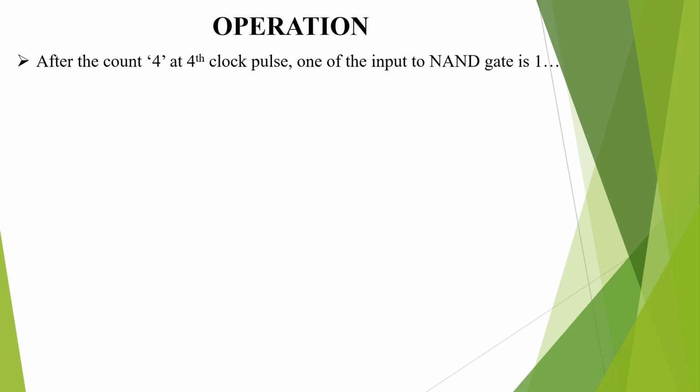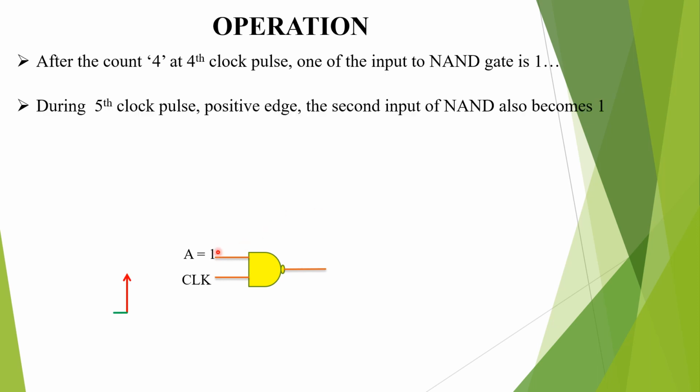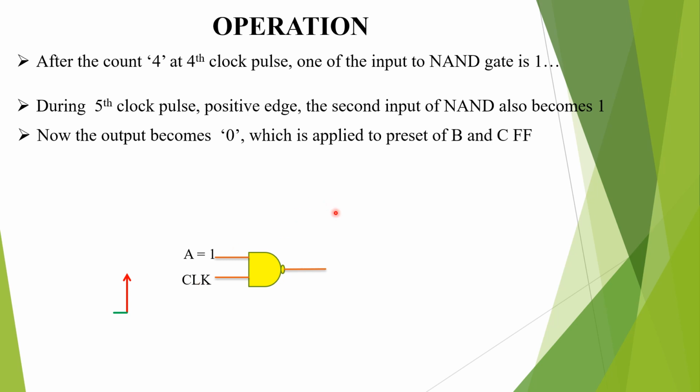Now how does the circuit operate? After the count 4 at the 4th clock pulse, one of the input to NAND gate is 1. Here during the 5th clock pulse, that is the positive edge of the 5th clock pulse, the second input of the NAND gate also becomes 1. Now the output becomes 0, which is applied to the preset of B and C flip-flop.